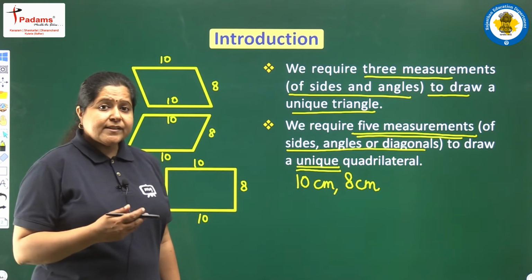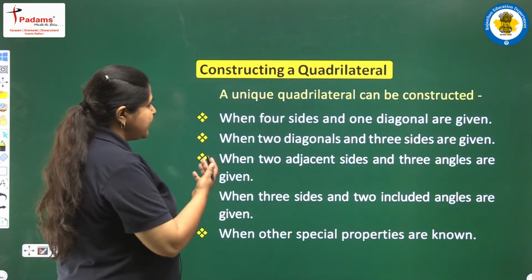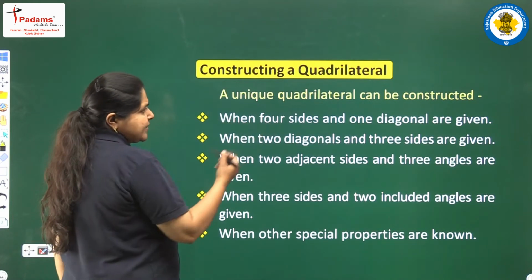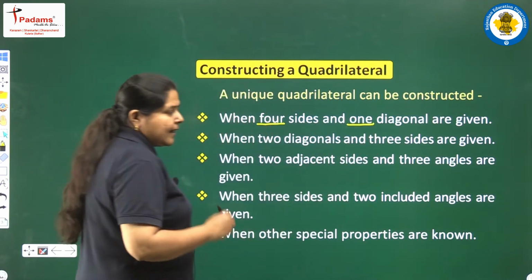Now, what combinations can be possible to get a unique quadrilateral? We have these combinations. A unique quadrilateral can be constructed when 4 sides and 1 diagonal are given.